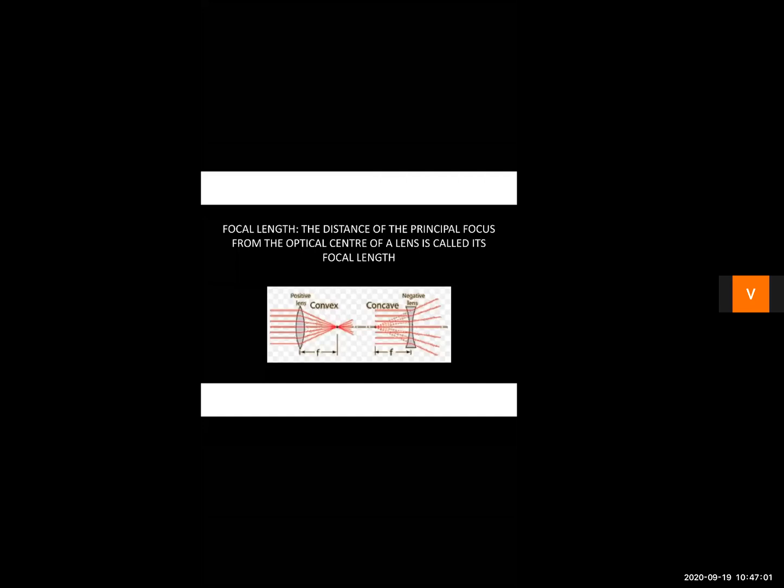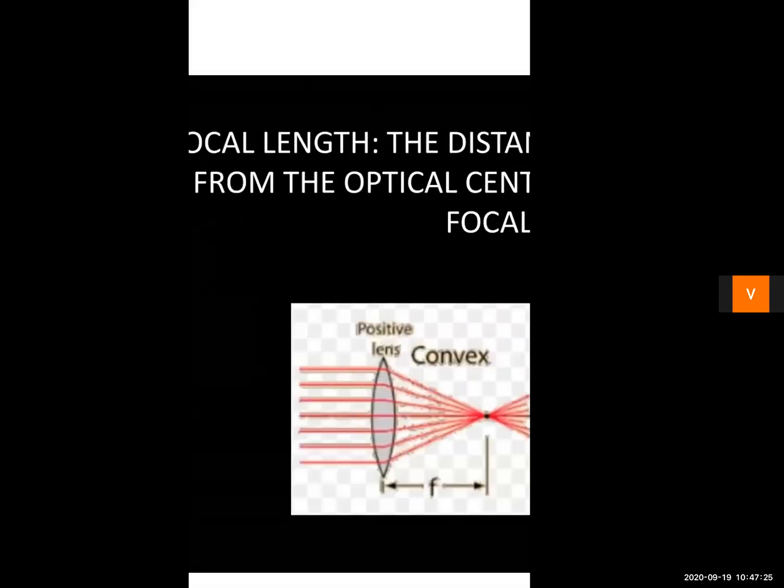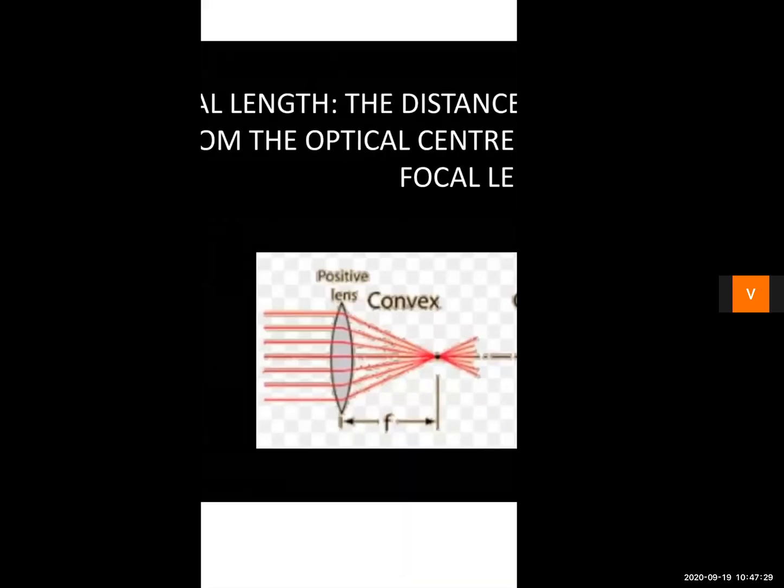Next is your focal length. As we did in mirror also, same over here. Focal length is the distance between your optical center O, आपने यहाँ पे optical center है, right? As we know, at the center of the lens. Let me zoom it, children. If I zoom it like this, then the optical center is over here.